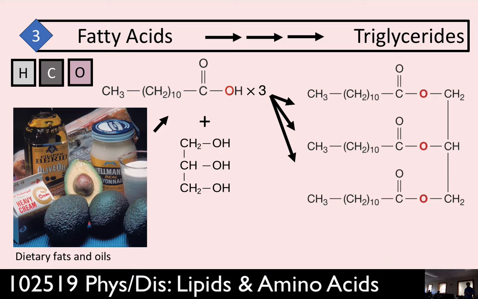Describe for me chemically what a fatty acid looks like. What would you say to that? Describe it. Yep. And yeah, can't stop there because that's just a hydrocarbon chain.